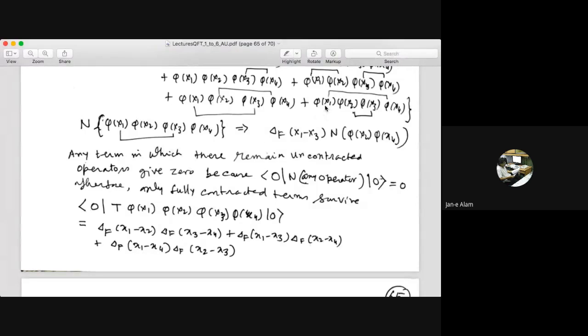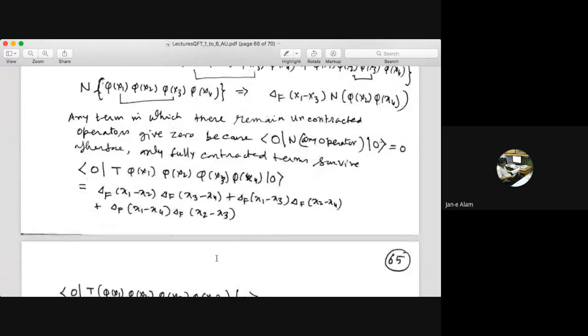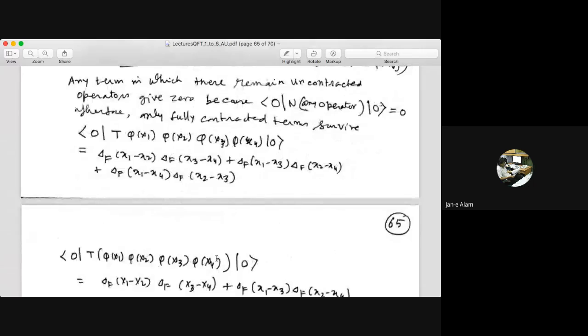And then the last term is contracted between 1 and 4. So particle propagation from 1 to 4 or 4 to 1, and the other one is the contraction of 2 and 3. So Feynman propagator x2 and x3, so 3 to 2 or 2 to 3. This is the propagator which we get.